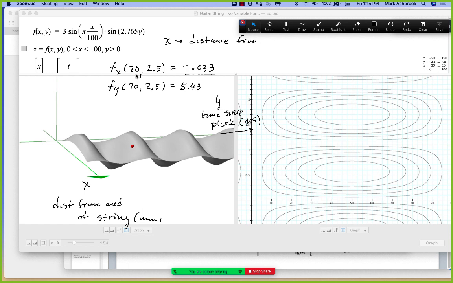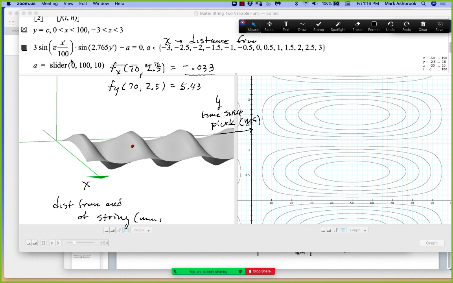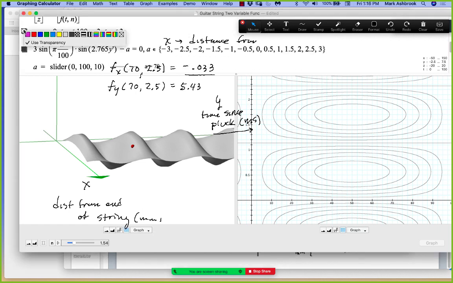Okay, so we're at x equals 70, and we increase x by a little bit. We expect z to go down. Go down a lot or a little bit? Small amount. A small amount. It's going to be this much times whatever dx we pick. So let me show you that. And I'm trying to remember, z was distance. Wait, yeah, that was just distance from a straight line, right?